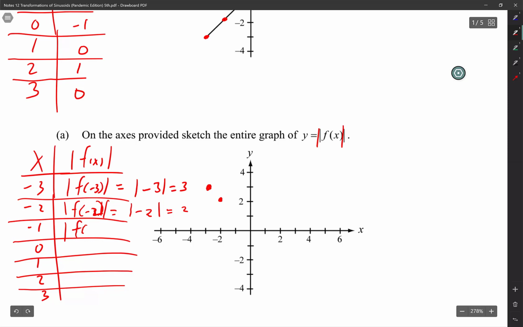Absolute value of f of -1 is the absolute value of -1, which is going to be 1. So (-1, 1). Absolute value of f of 0, that was -1 again, and absolute value of -1 is 1. So (0, 1). And then this one is absolute value of f of 1. F of 1 was 0, so absolute value of 0 is just 0.